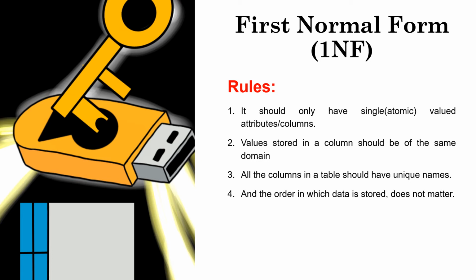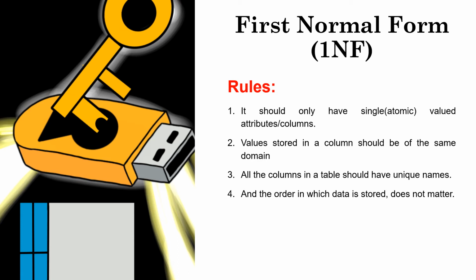The second rule is that the attribute domain should not change, meaning the values stored in a column should be of the same domain. This is more of a common sense rule. In each column, the values stored must be of the same kind or type.